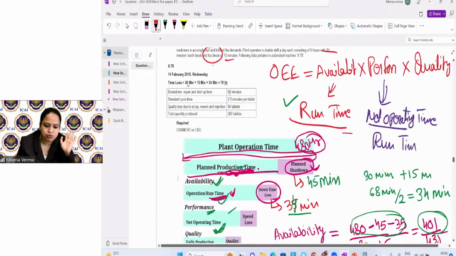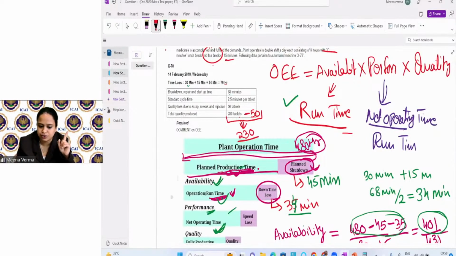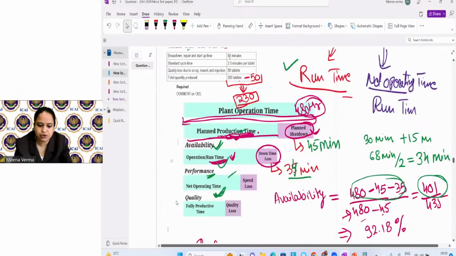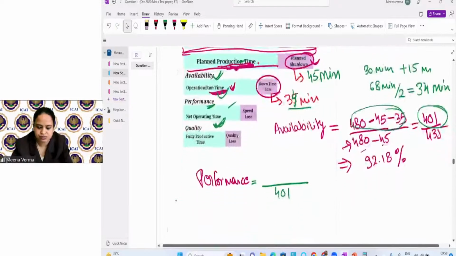The total quantity expected is this, but out of this 50 units will be defective. So 230 will be the good units which we are producing, and for one unit we are taking 2.5 minutes. What will be the standard time required here? 230.